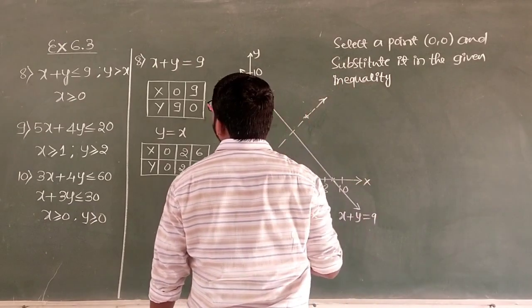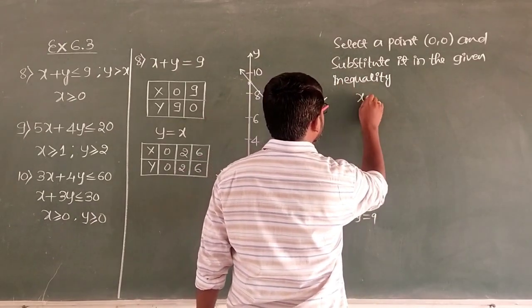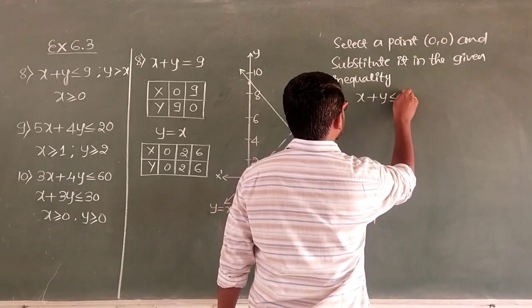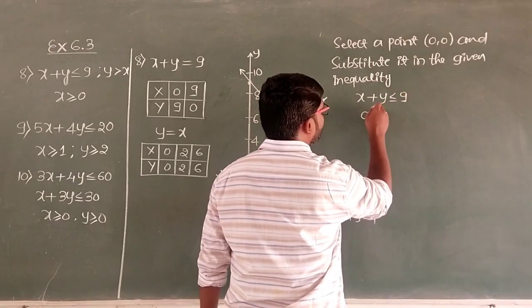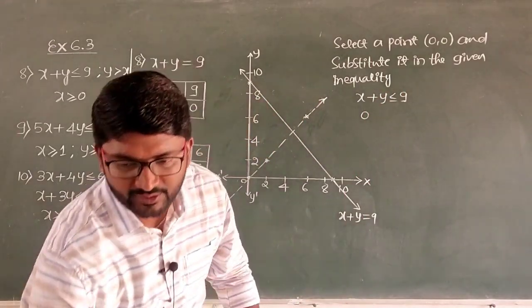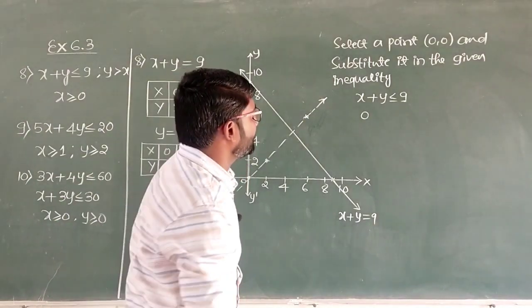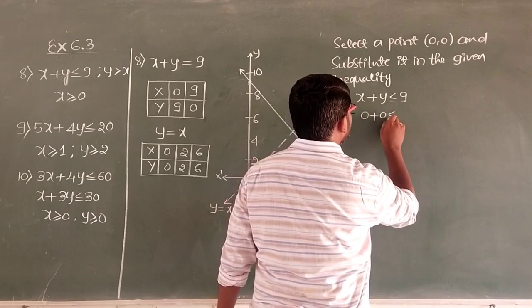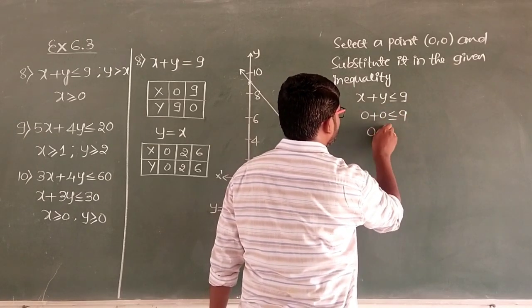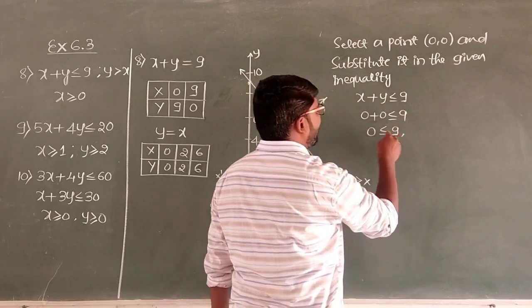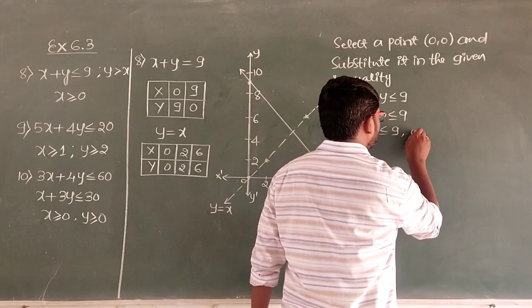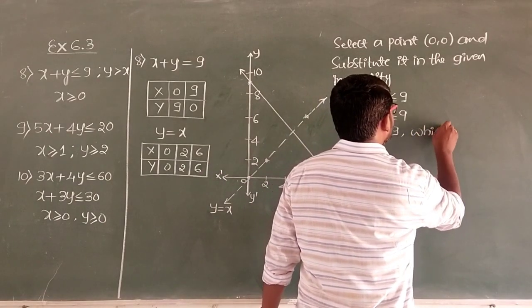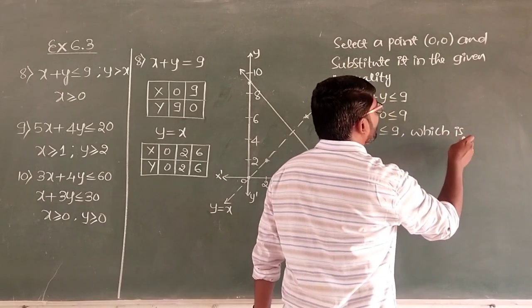So consider the inequality x plus y less than or equal to 9. x and y both are 0 now, so we substitute the values of x and y. 0 plus 0 less than or equal to 9. 0 plus 0 is 0, less than or equal to 9, or 9 greater than 0, which is true.